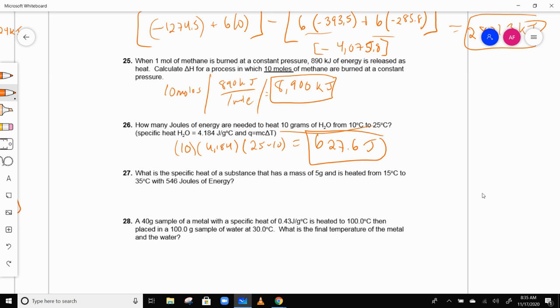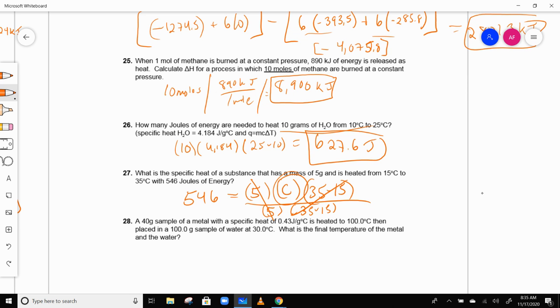Okay, 27. What is the specific heat of a substance that has a mass of 5 grams, and it's heated from 15 to 35 with 546 joules of energy? So Q is 546. M is 5 grams. C is what we're looking for, and then delta T is 35 minus 15. So we're solving for C here. We can divide by 5 times 35 minus 15, and that will cancel on this side.